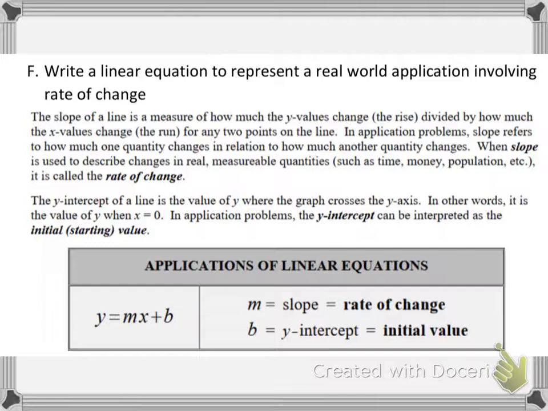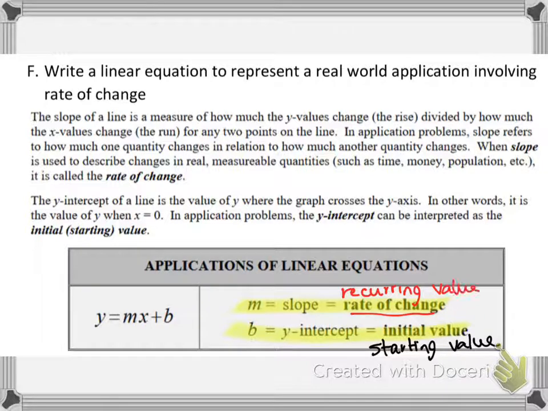So this is a summary of what we know about the slope-intercept form. Remember that our slope is a rate of change, and the b, our y-intercept, is the initial, or let's write this down in our notes, the starting value. Another key thing to understanding these word problems is that this rate of change, if we're associating it with cost, is usually a recurring value.